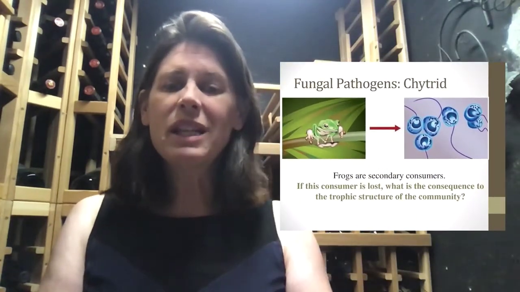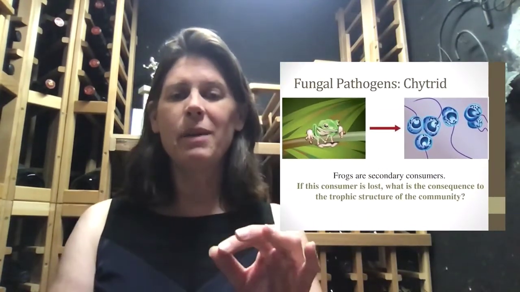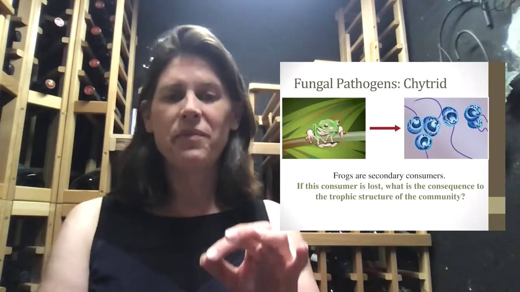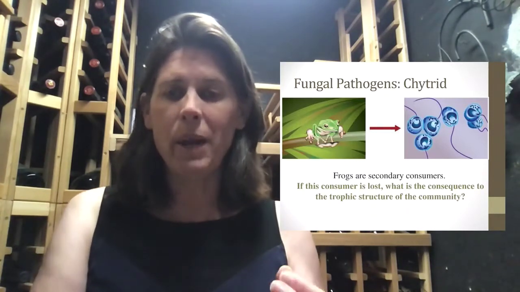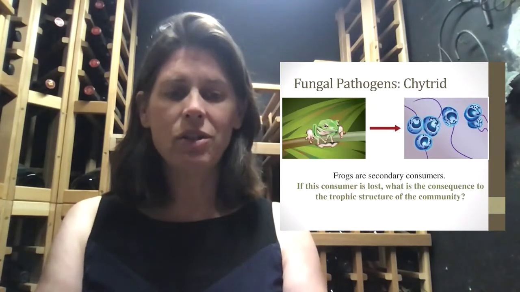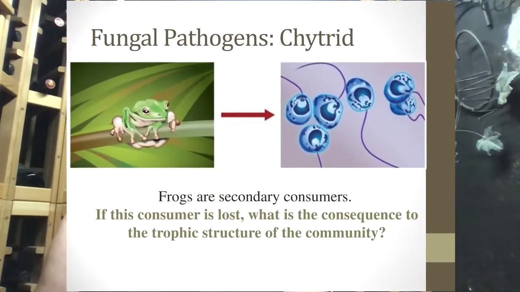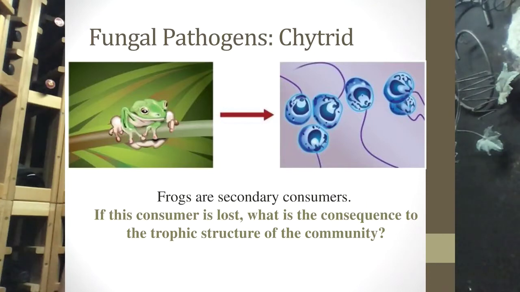All right, so let's look at specific types of fungus. The first one that we'll look at happens to be a pathogen. It's called a chytrid fungus, also known as Chytridiomycetes. A mycete refers to fungus.